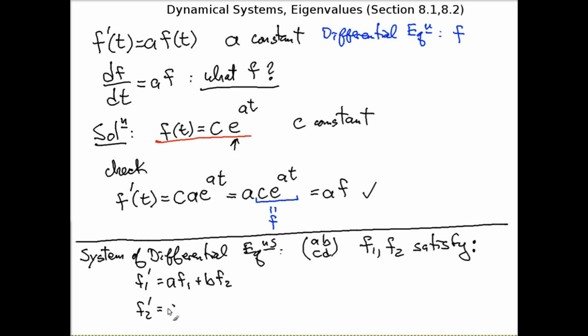And f2 prime is c times f1 plus d times f2.